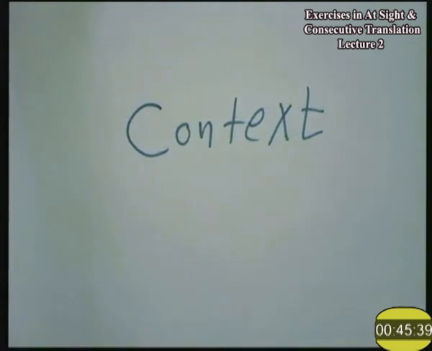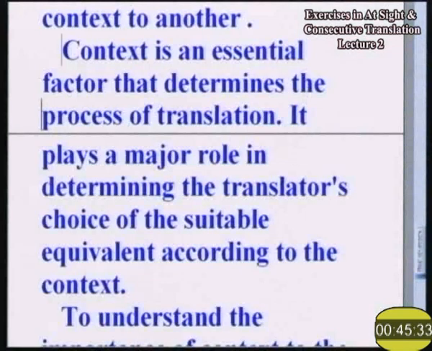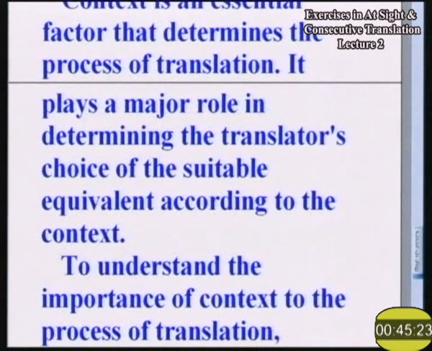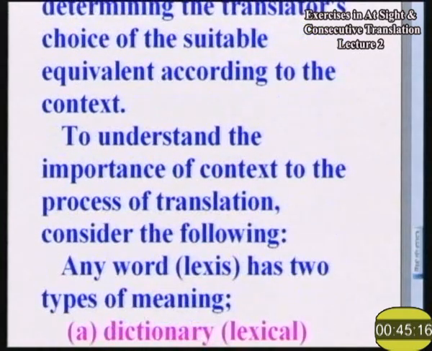Now let's come back to what I've written about context. It's an essential factor that determines the process of translation. It plays a major role in determining the translator's choice of the suitable equivalent according to the context. To understand the importance of context to the process of translation, you have to consider the following.